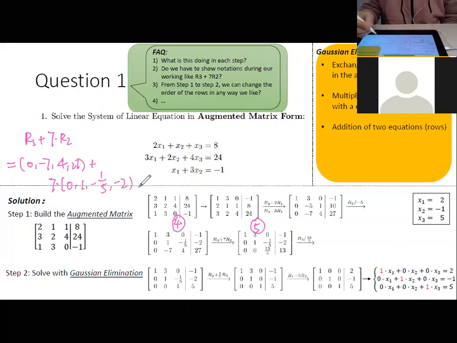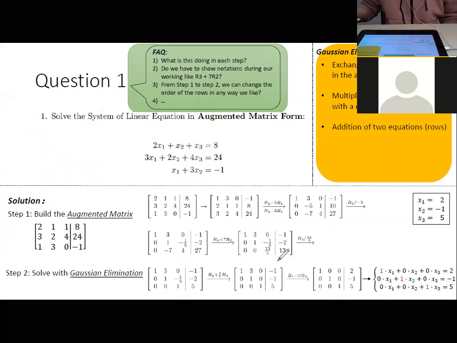After the calculation, we can get the new third row of matrix 5. And you can see after we do step 4 to step 5, the left bottom corner of the augmented matrix now all becomes 0.